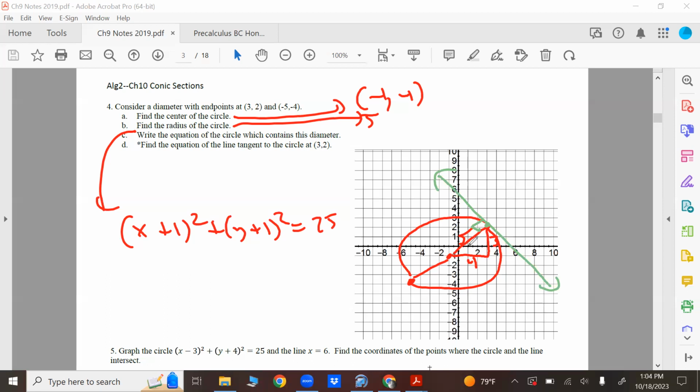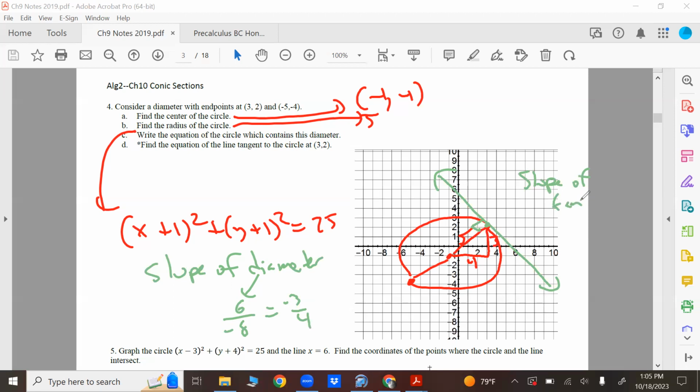If I know the slope of this guy, then I know the slope of this guy, right? So what's the slope of my diameter? Slope of the diameter is going to be 6 over -8 or -3/4. So slope of the tangent line is what?